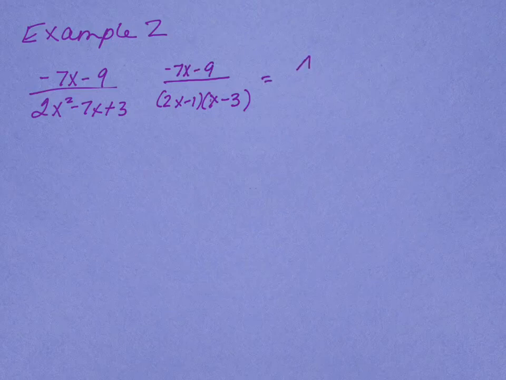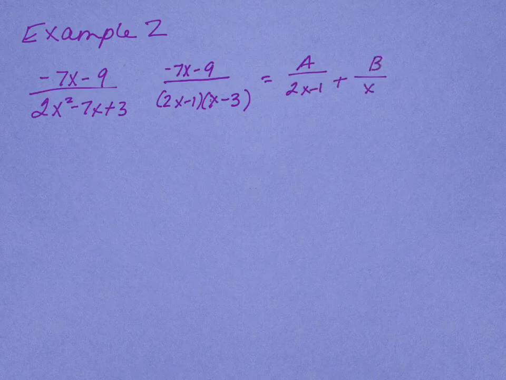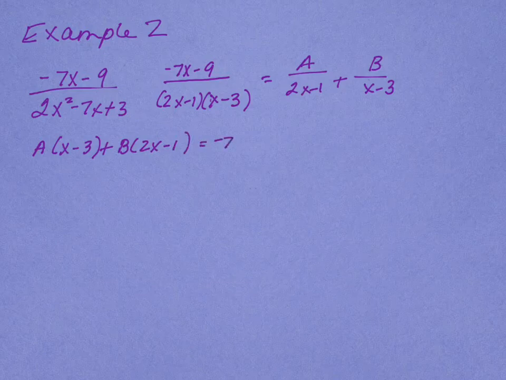So that would be equal to something over 2x minus 1 plus something over x minus 3. So we're going to put these cross products together. So a times x minus 3 plus b times 2x minus 1 is equal to negative 7x minus 9.